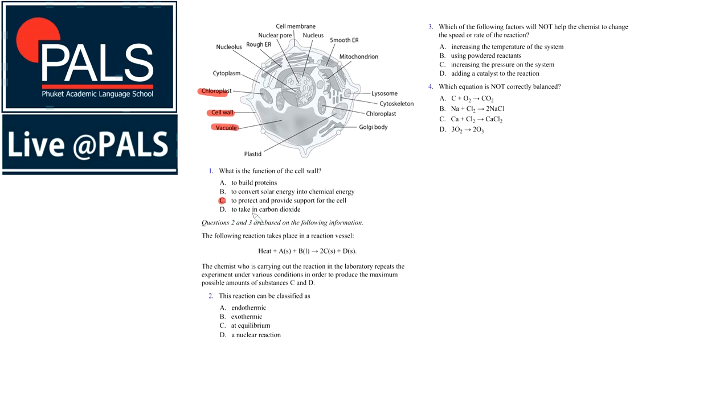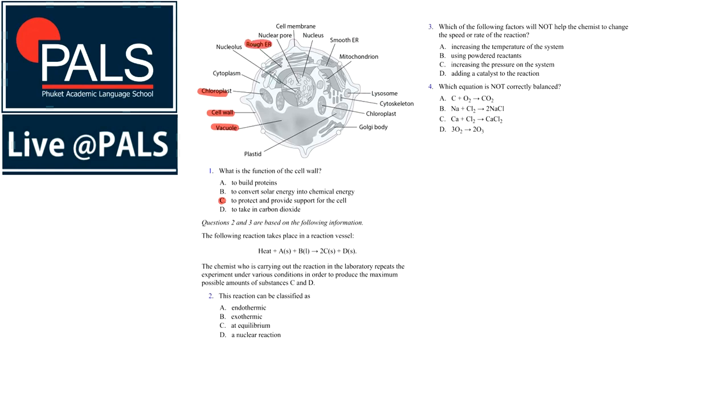The other ones are to take in carbon dioxide, so the structure that regulates what moves in and out of the cell is usually the cell membrane. Now, all cells have a cell membrane. See up here, the cell membrane regulates what comes in and out of the cell. Building proteins is done at the ribosomes.